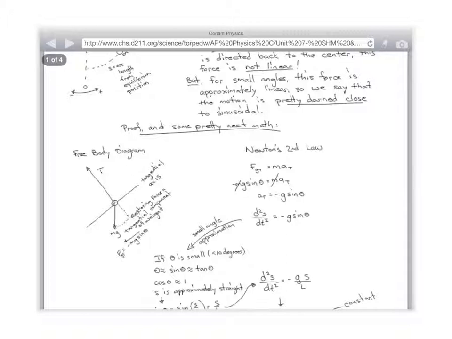What's the relationship between acceleration and position? It's dv over dt, it's the second derivative. So we're going to write this as a second derivative. We're going to write g sine theta equals L d squared theta over dt squared.